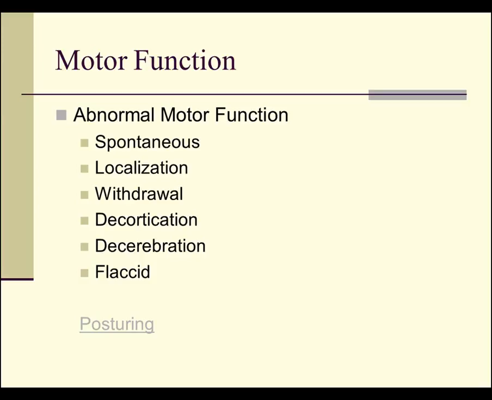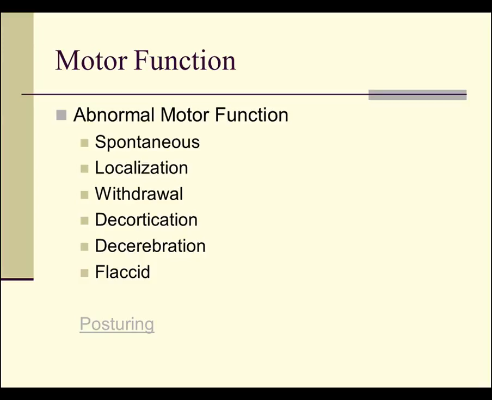Then you have your decortication, and decortication is an abnormal posturing. It's usually seen in patients that have lesions that interrupt the corticospinal pathway, and we'll talk about that in just a second. And then the decerebration.